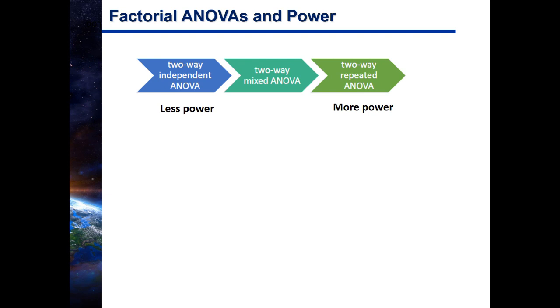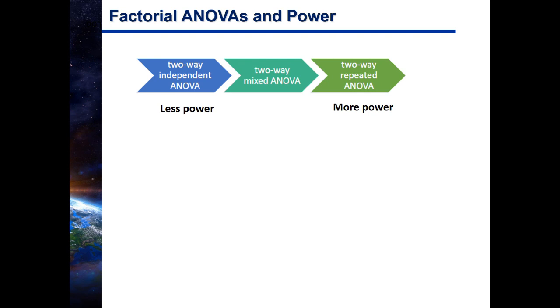Remember that? By using a within subjects factor or using matching on a relevant extraneous variable, we can make the error term smaller, which will increase the value of F, right? We're increasing the value of our test statistic. And our test statistic in ANOVAs is the F value.